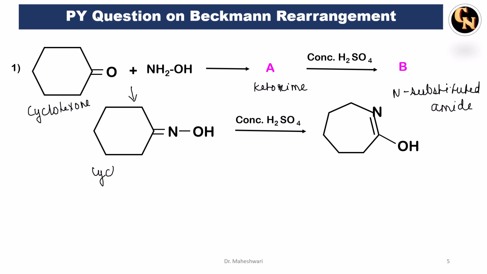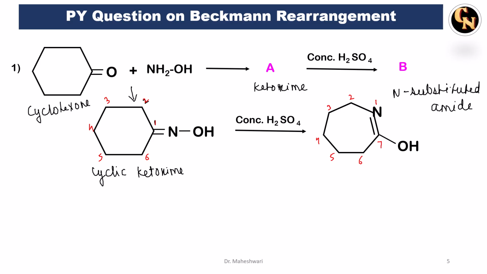When the cyclic ketoxime is treated with acid, there is an increase in the carbon ring size, that is, the 6-membered ring becomes a 7-membered ring. If you count the carbons here, it is 1, 2, 3, 4, 5, 6. And if you see the product, let us start from nitrogen, 1, 2, 3, 4, 5, 6 and 7. So it has become a 7-membered ring.